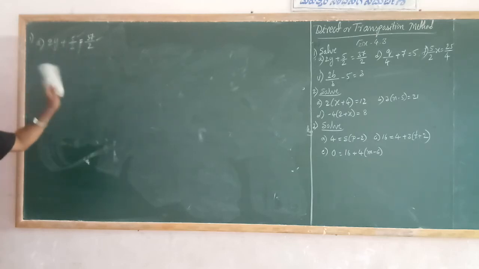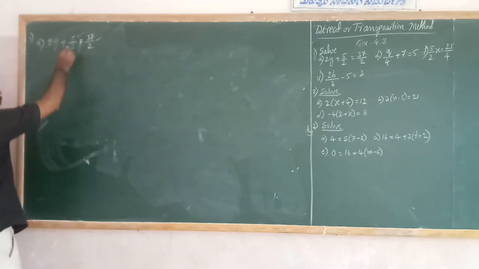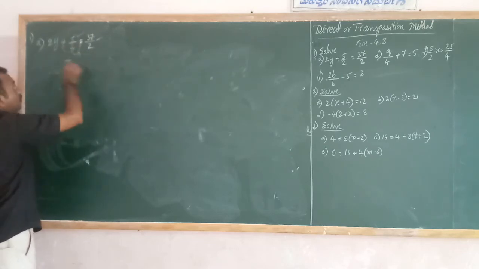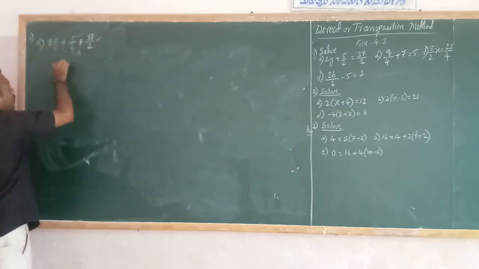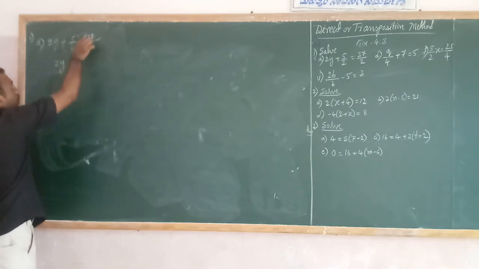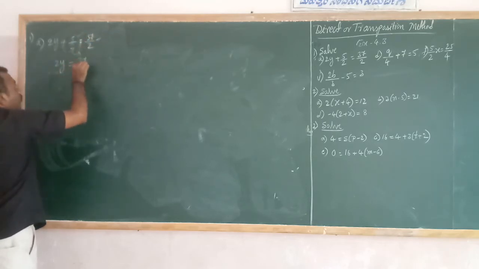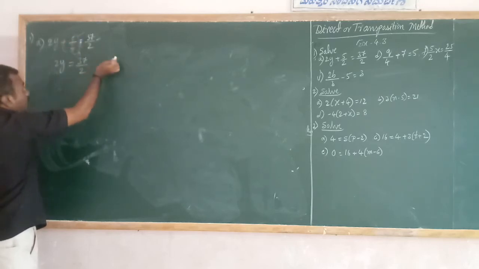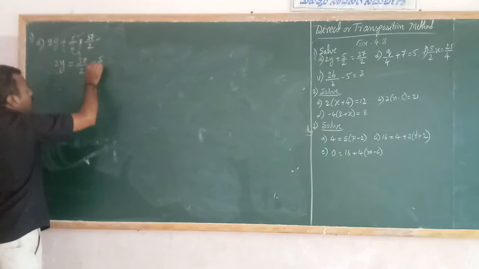That's why we have to write them on the same side. So plus 5 by 2 we have to send to the RHS. What remains in the LHS? 2y. It is equal to what is in the RHS? 37 by 2, and 5 by 2 comes to the RHS as minus 5 by 2.